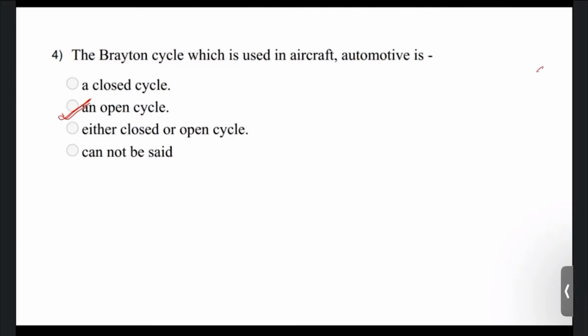But for the sake of simplicity and analysis, we add an extra process, constant pressure heat rejection, and we analyze it as a closed cycle. But yes, the cycle used in aircraft and automotive is an open cycle. So this is the correct option.